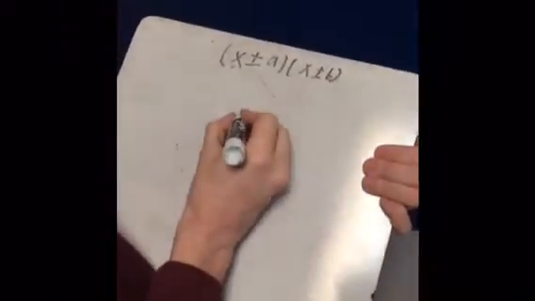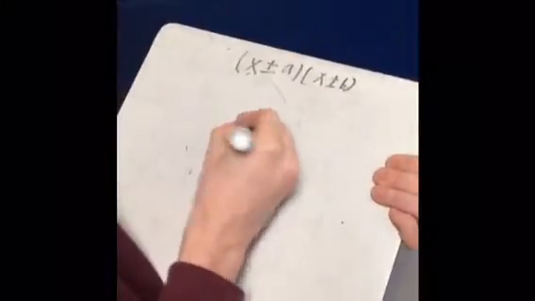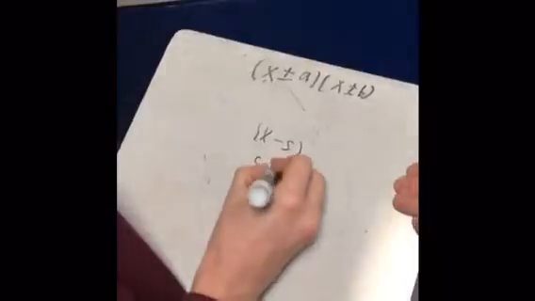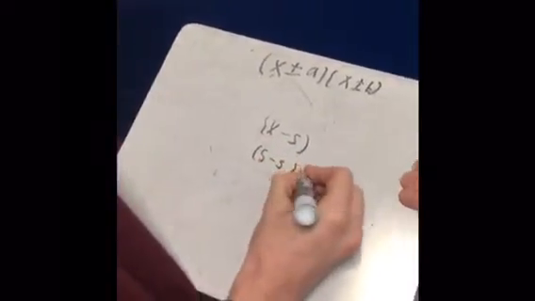So in that case, let's try D, x minus 5. Plugging in our function, we know that 5 minus 5 equals 0, which is a solution to the function. So therefore, D is the correct answer.